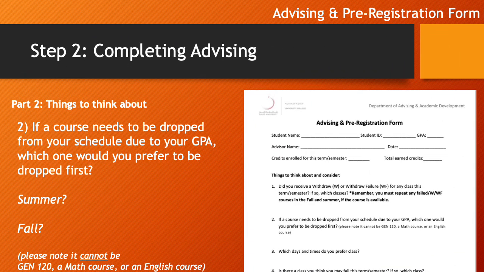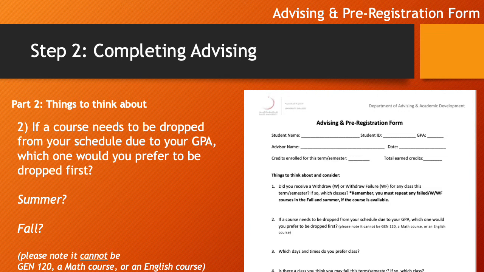Question 2 is asking if your GPA falls below a 2.26 and we need to remove a class from your registration, what would you prefer us to drop? This allows us to modify your registration as per your preferences while you are away during the summer.